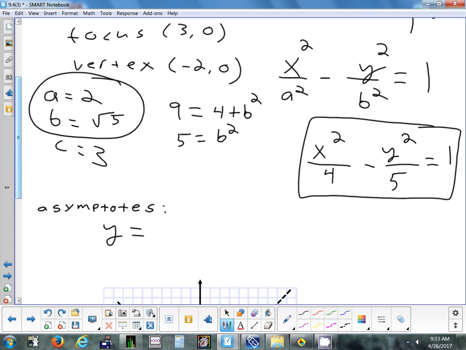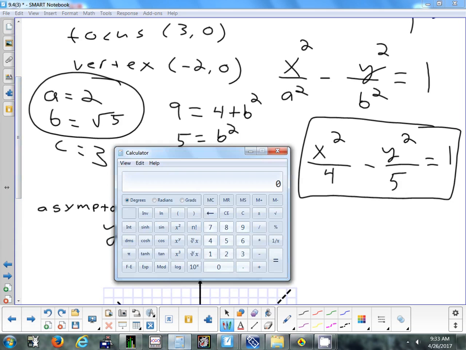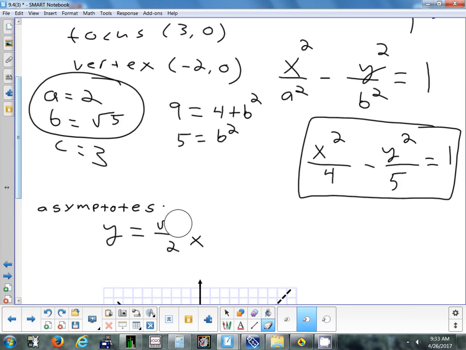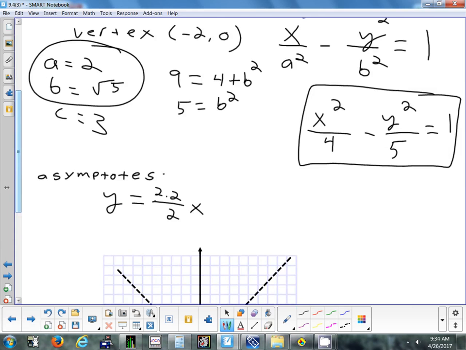So b is the square root of 5 over a is 2. Not the nicest number, and in fact, to graph it, I really need a decimal, so I'm going to round it off to 2.2. Okay, square root of 5 is about 2.2. The only reason I'm doing that is so when I do rise over run, I can count a little easier.